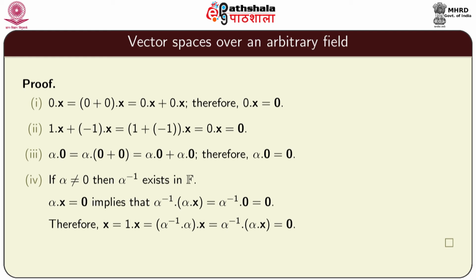Once again you can see the distributive property being used in 3, and the fourth one, this is where you are using the field structure in full force, in the sense that if alpha is not 0 in F, since (F minus 0, dot) is an abelian group, therefore alpha has to have a multiplicative inverse, which is denoted by alpha to the power minus 1, which is the multiplicative inverse of alpha that exists in F. Now, starting with alpha x equal to 0, if you apply alpha to the power minus 1 on both sides, then that leads to alpha inverse alpha dot x, but alpha inverse alpha is 1, and therefore you can show that x is equal to 0. This proves the theorem.